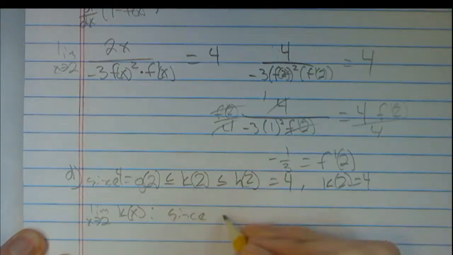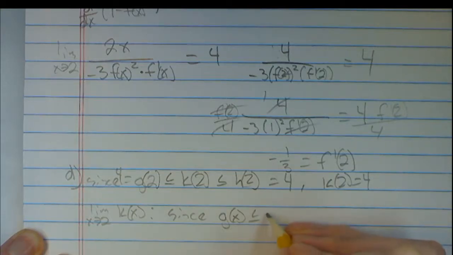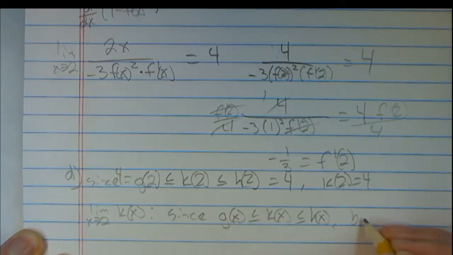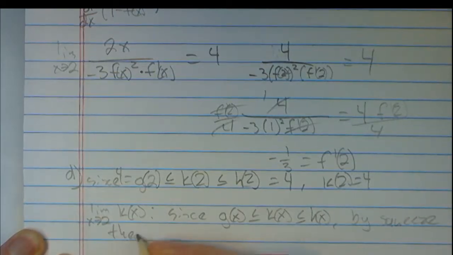Since g of x is less than or equal to k of x is less than or equal to h of x, by the squeeze theorem, the limit will be the same.